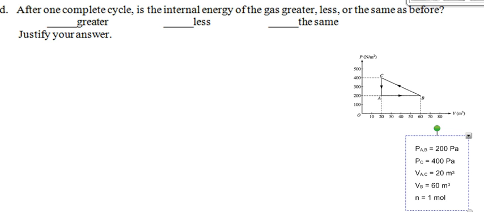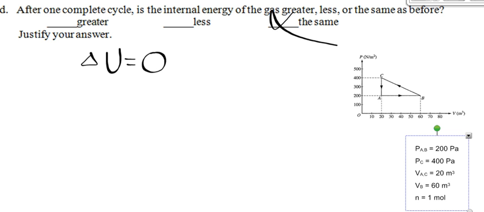Part D says, after one complete cycle, is the internal energy of the gas greater than, less than, or the same as before? Well, in order to get part C correct, you had to say that the total internal energy has got to be exactly the same.